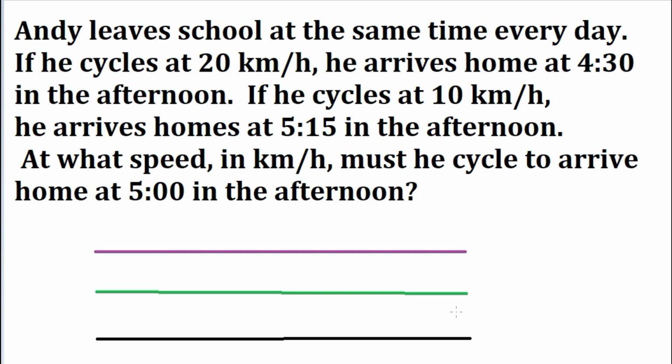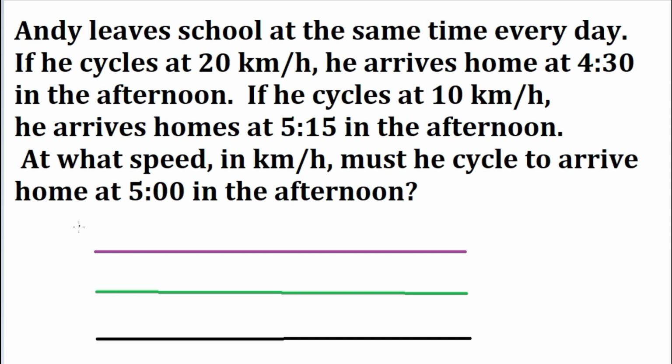Surely a little bit late, because the speed is slow. At what speed in kilometers per hour must he cycle to arrive home at 5 o'clock in the afternoon? So a little bit faster than 10 kilometers per hour, but how much, that is what we need to know. So there are three scenarios and we need to find the speed in the last scenario.